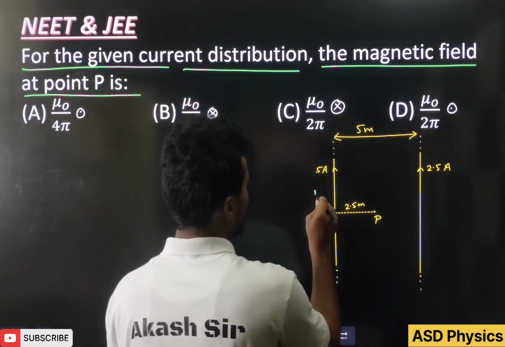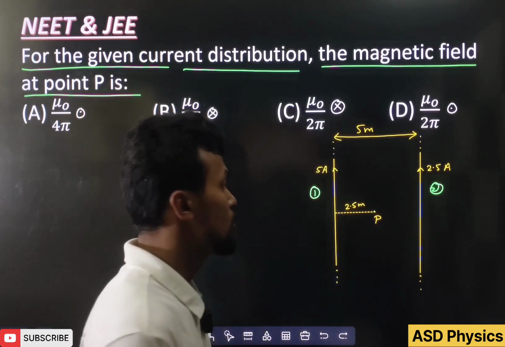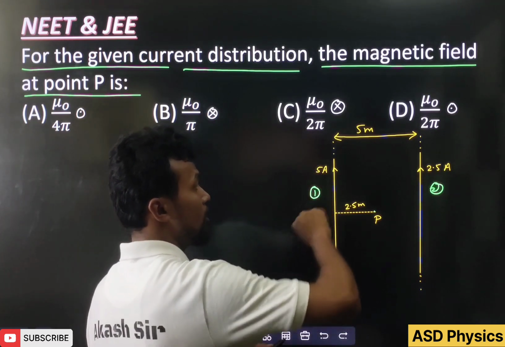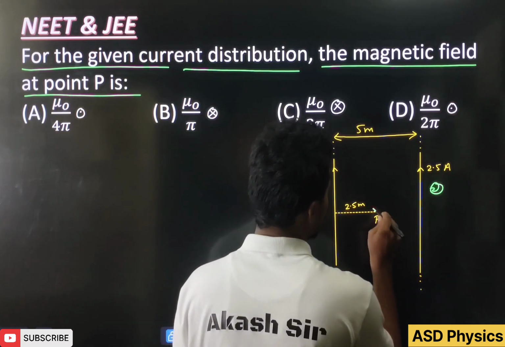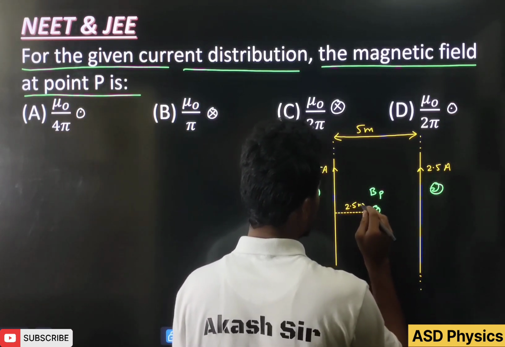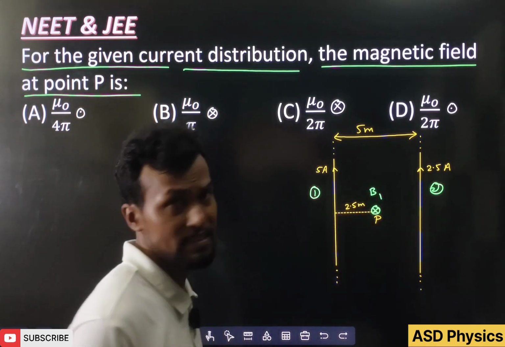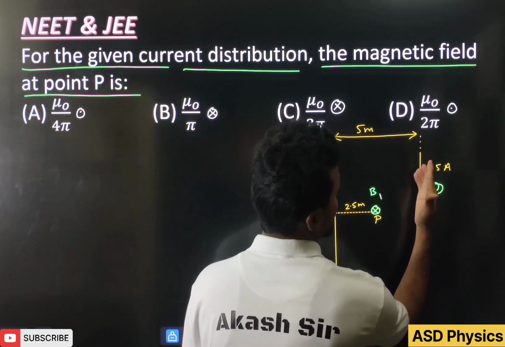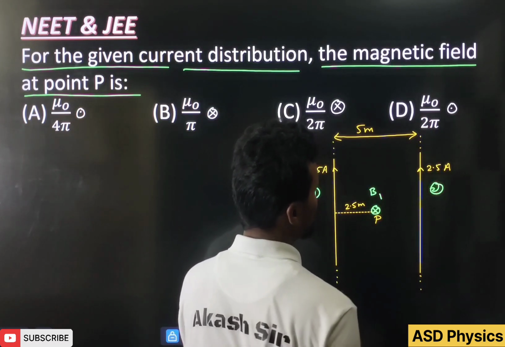So remember, here this is wire 1, and here this is wire 2. So what will happen here, students, due to wire 1: all the fingers along the current, palm towards the observation point, thumb is going inside. So the magnetic field at point P due to wire 1 is inside. Similarly, due to wire 2 also, you can see very well, all the fingers along the current, palm towards the observation point P, thumb is coming outside.